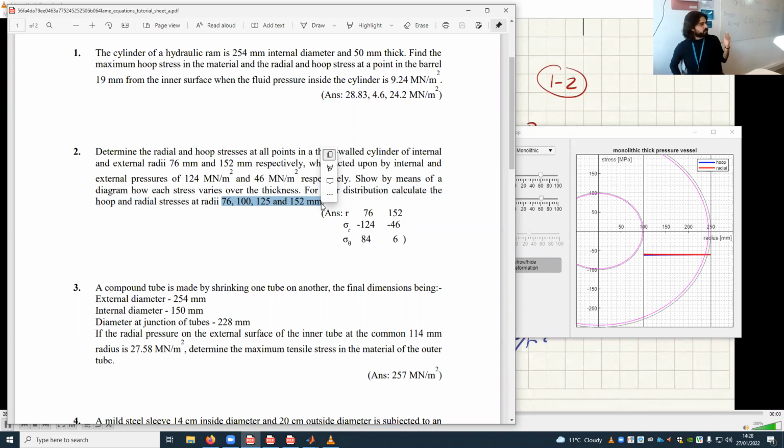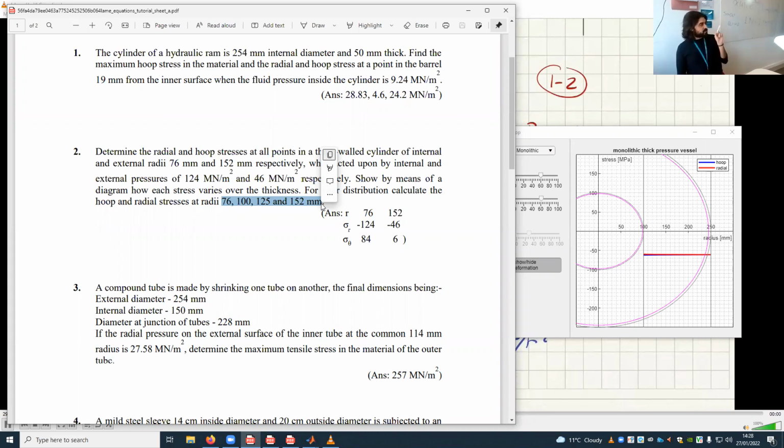So when you want to plot anything in Excel, if you give Excel 2 points, it will plot a straight line. If you give Excel 4 points, it will plot 3 straight lines in between them. So you need many points in order to make it look like a curve. Okay, so remember this when you do your coursework. If you plot things in Excel, Excel joins it by straight lines.